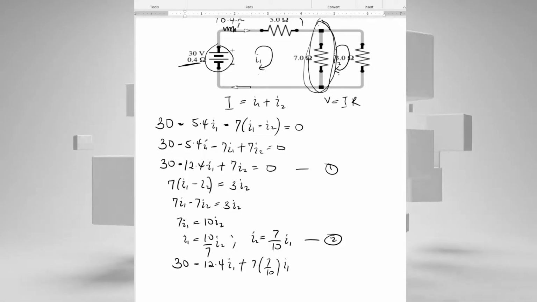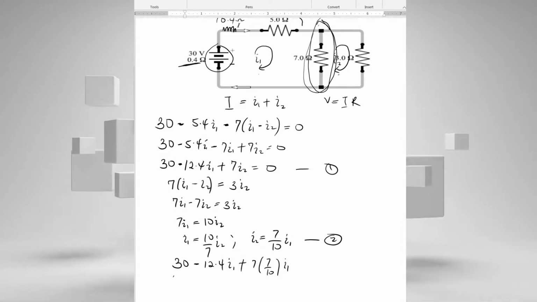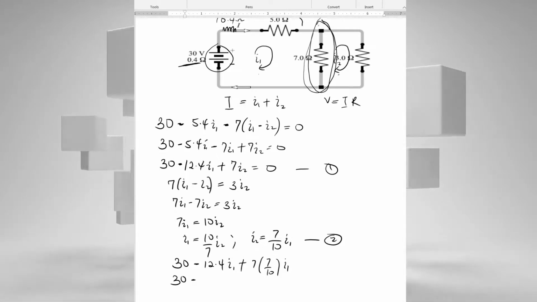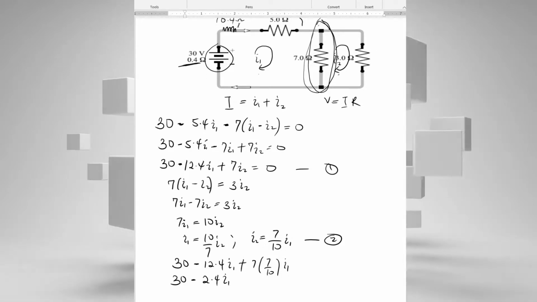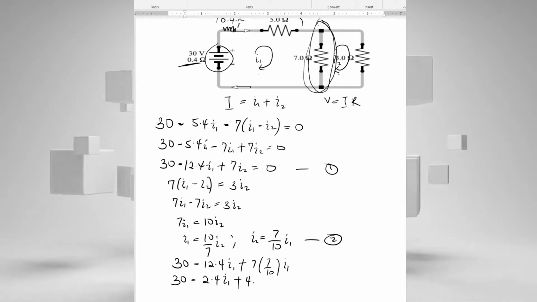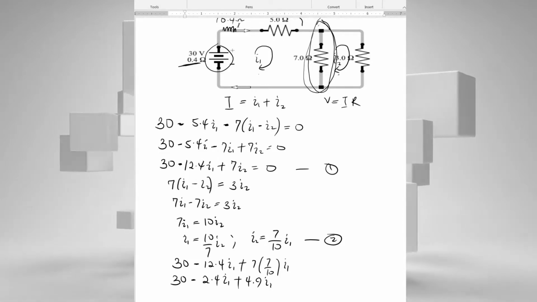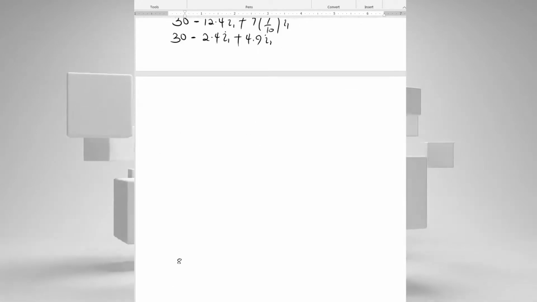Now, if we resolve this, we have 30 minus 12.4 I1 plus 4.9 I1, and remember, this is equal to 0.